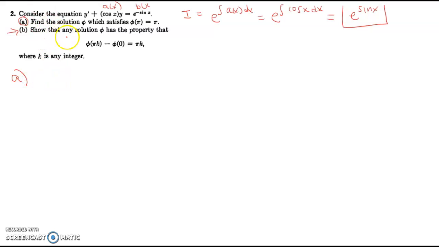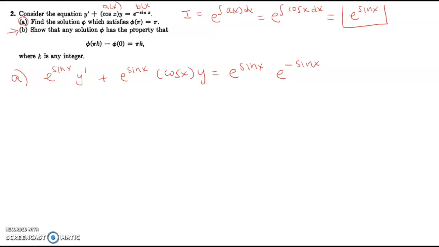All right, so the second step was that we would multiply our integrating factor to both sides of our equation. So we have e to the sine x y prime plus e to the sine x cosine x times y equals e to the sine x times e to the power of negative sine x.